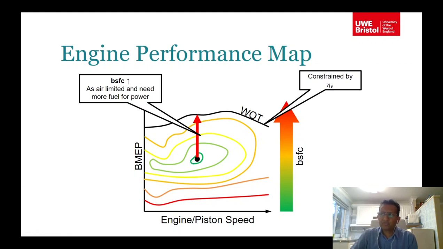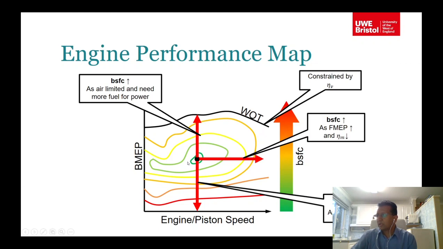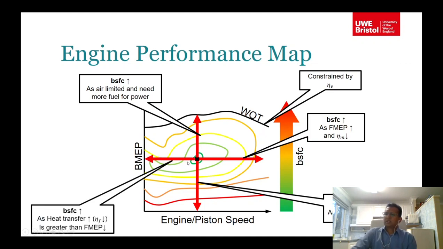So brake specific fuel consumption can be increased as more fuel power is needed. You can also say that friction mean effective pressure increases with speed.